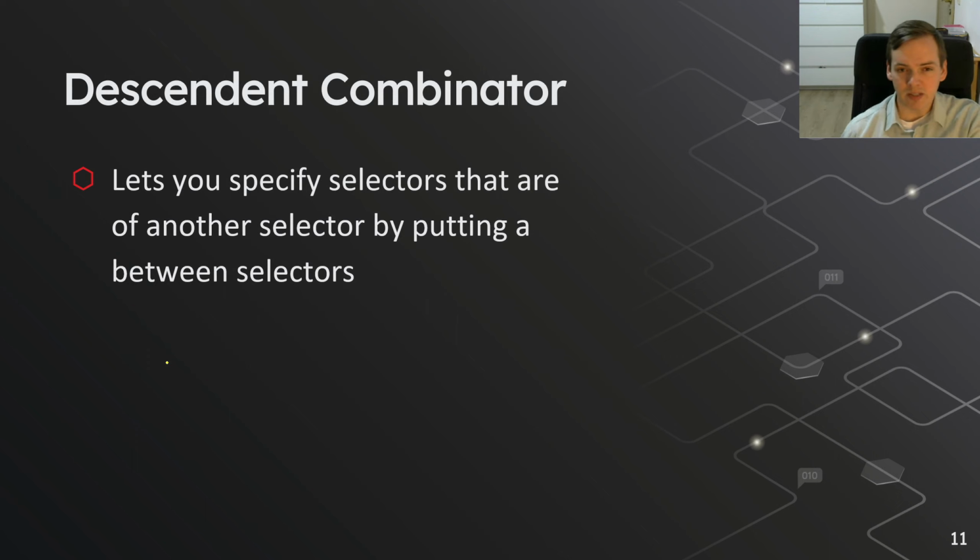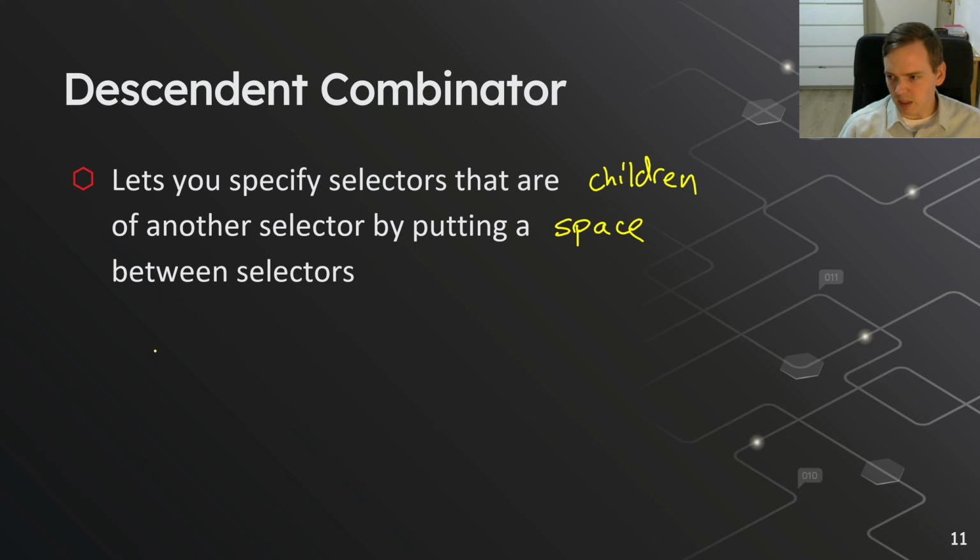Descendant combinator is very similar but slightly different. This lets you specify selectors that are children of another selector by putting a space between selectors.